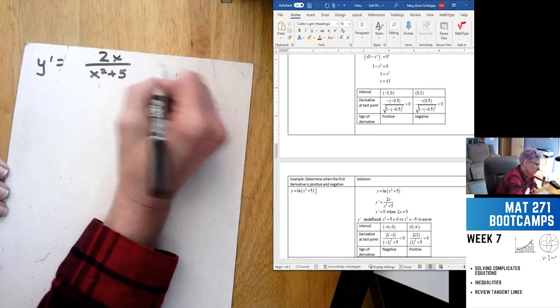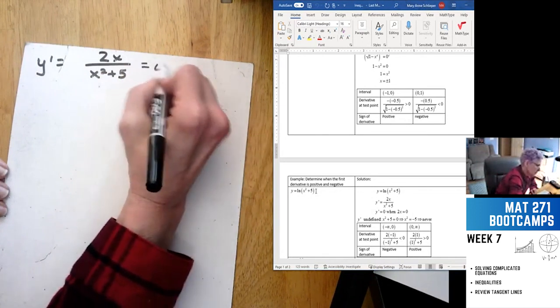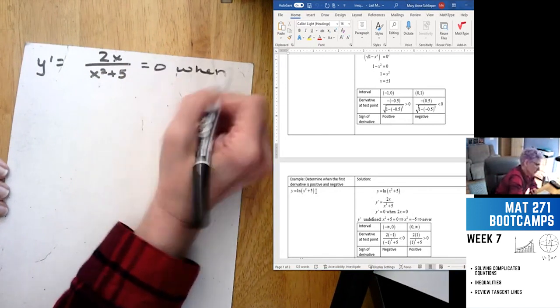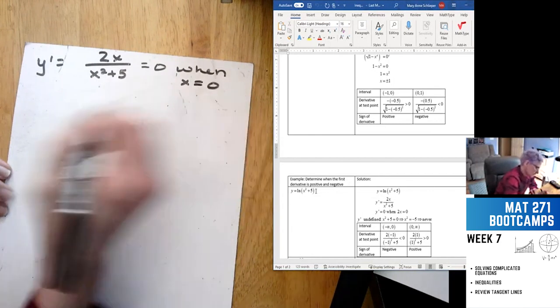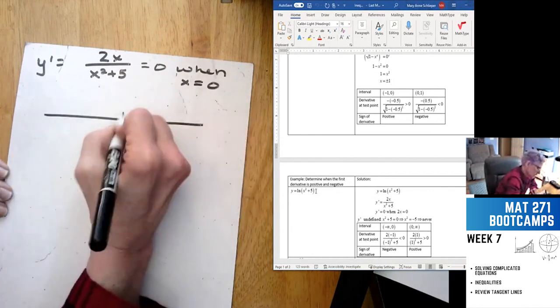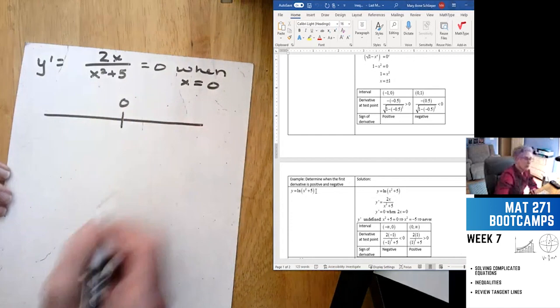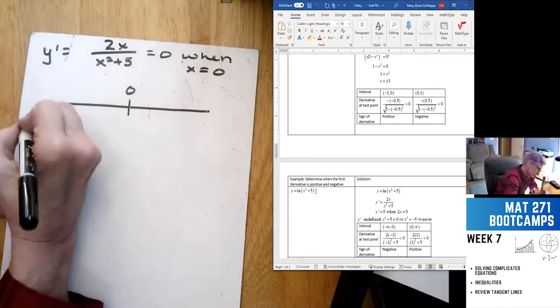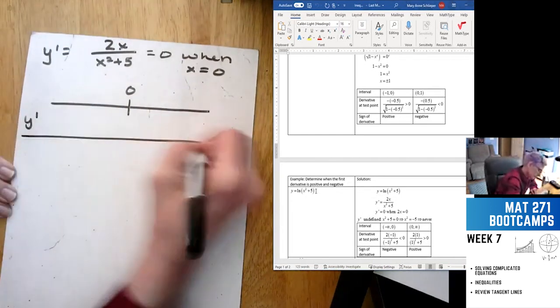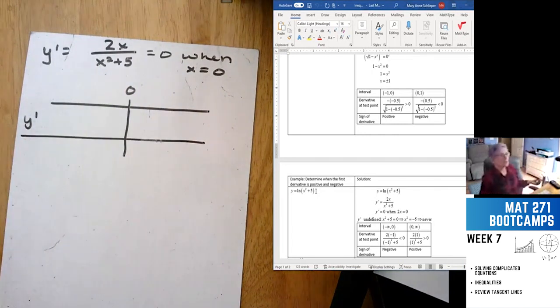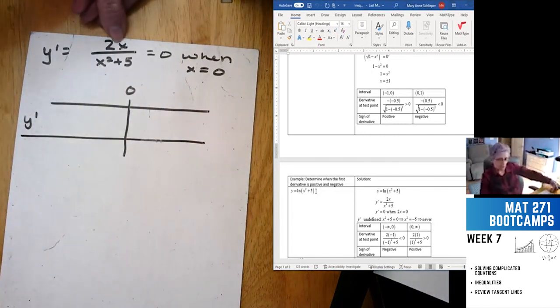This has 1 zero when x is equal to 0. So I just divide my number line into 2 halves. And again, you could plug numbers in, but this one's really easy to logic your way through.